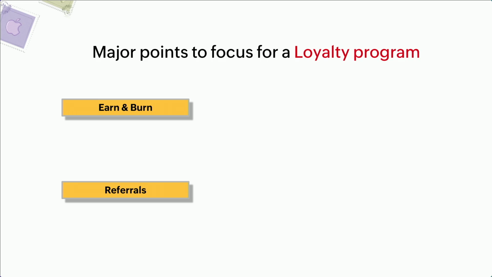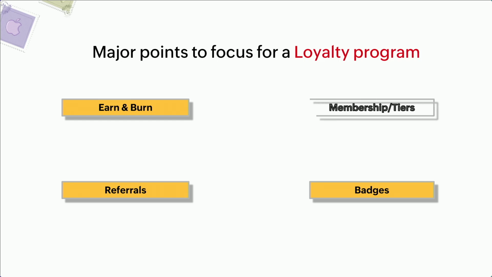It is one of the most powerful programs that you can run for your business. The customer retention will be really, really good and the ROI is upward. And introducing badges. You have to introduce different tiers, badges. And the fourth important thing is membership. It is more on the loyalty basis.